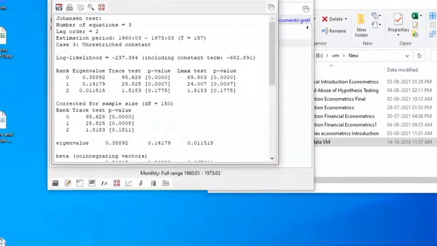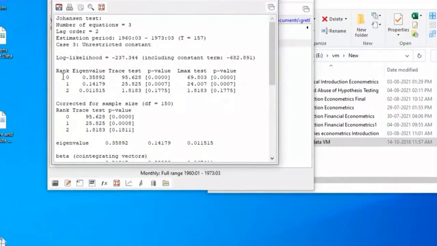It is very important to see how we interpret the result. As I have told you earlier, we have two types of tests in the JJ test. There is a trace test and the maximum eigenvalue test, that is this L-max test. P-values are given, and that is good, so that we can easily find out whether we reject or not. Now remember, these are given as rank.